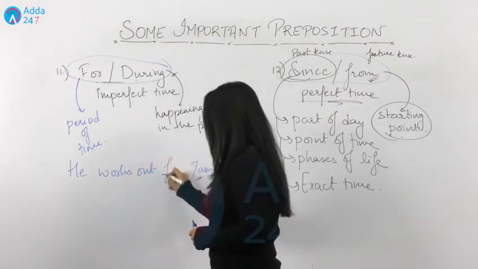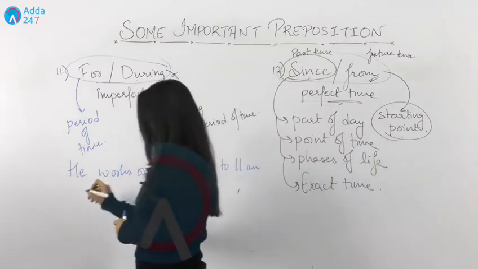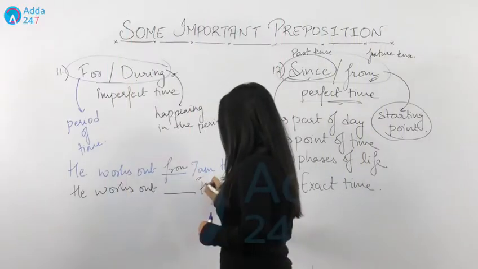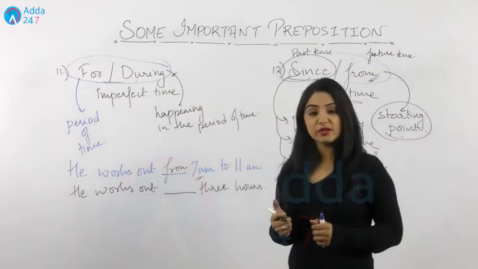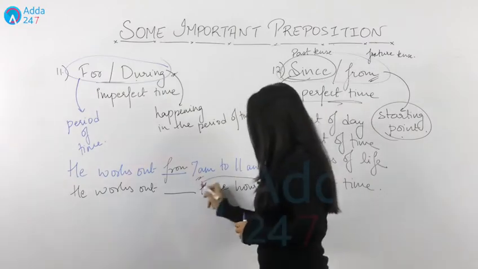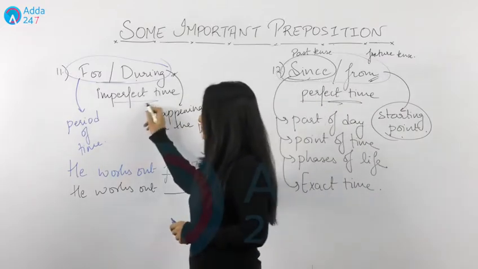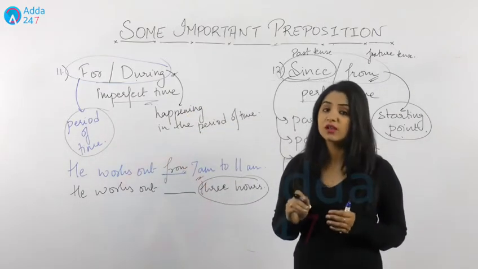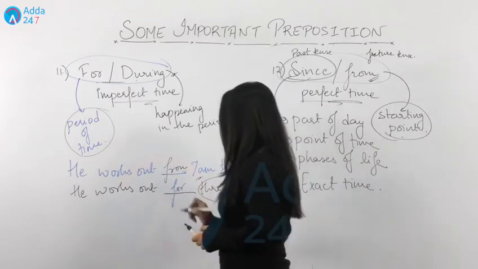He works out from 7 a.m. to 11 a.m. Next, if I say he works out dash 3 hours. Can you tell me what 3 hours are we talking about? We don't know this, isn't it? So here we cannot write from 3 hours. Here we have an imperfect time, and that imperfect time is a period of time, 3 hours, but you're not sure what 3 hours we are talking about. So what we write is he works out for 3 hours.